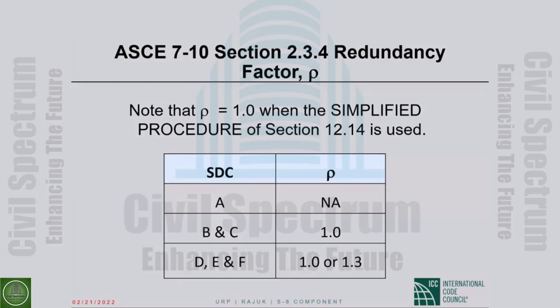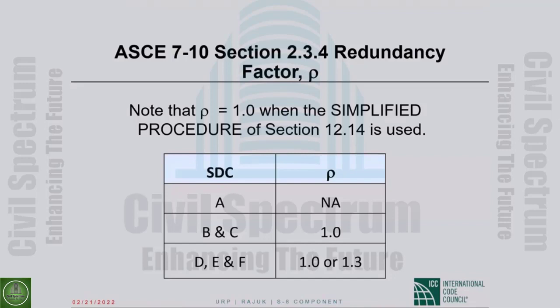In ASCE 7, I think it came up in discussion, there is a simplified design procedure, standalone section 12.14. If you're doing simplified analysis, rho is equal to 1. That is something that I typically don't even think of mentioning.